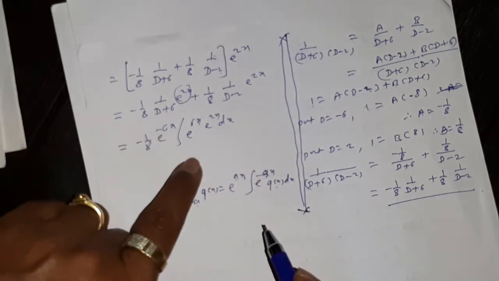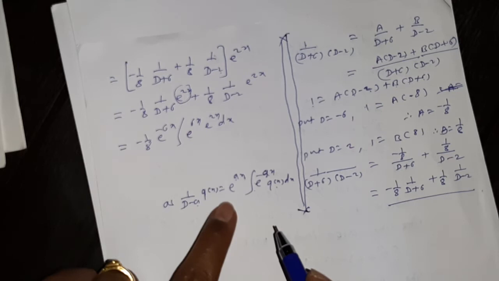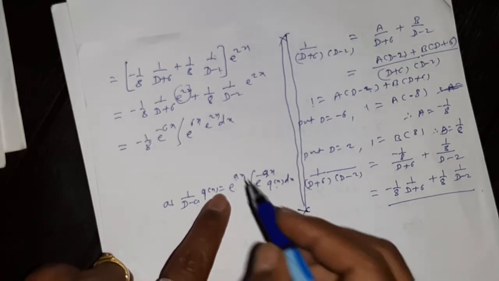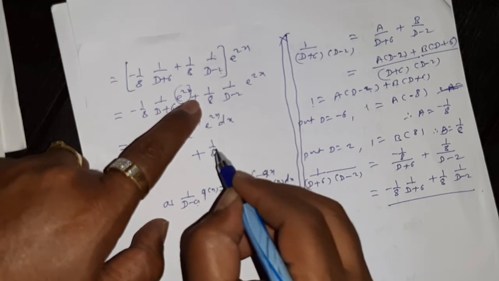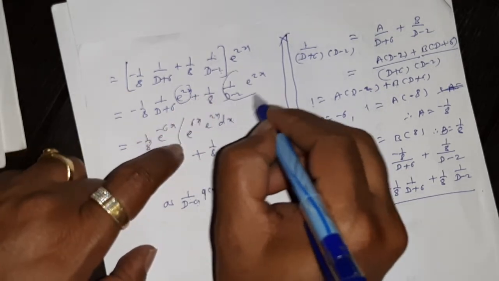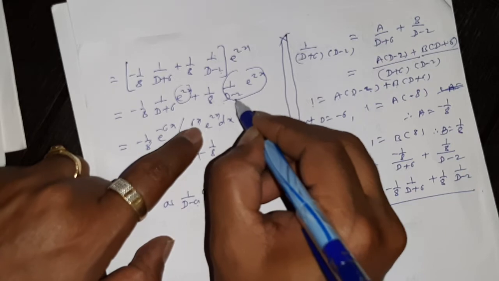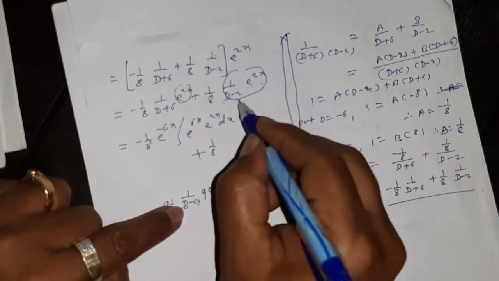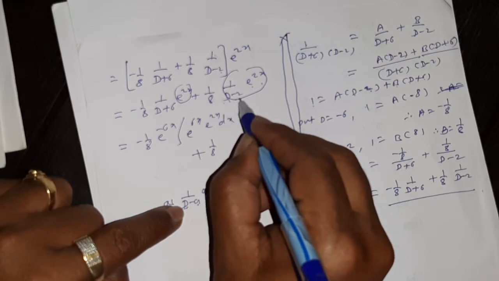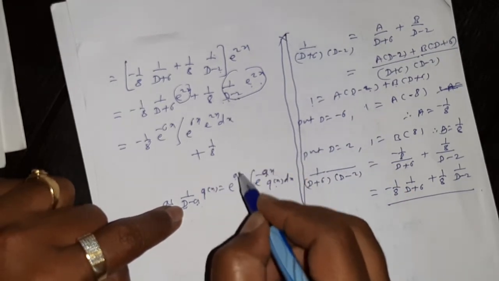So this step is by using this rule. Again, plus this plus sign 1 by 8, and again apply the same rule for this 1 by D minus 2 e raised to 2x. So compare D minus a and D minus 2. A is 2.